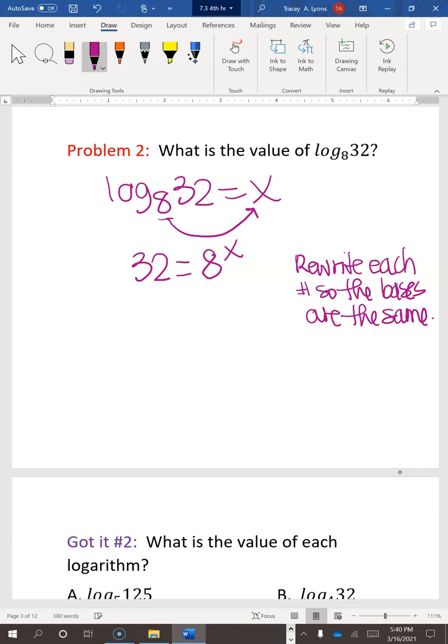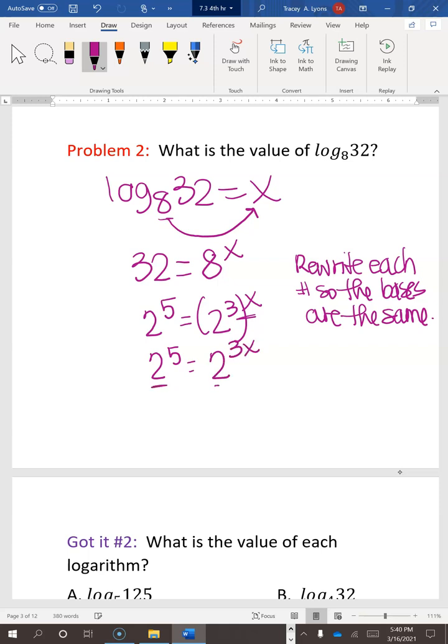So 32 I can write as 2 to the 5th power. 8 I can write as 2 to the 3rd power. And what happens is I can multiply these exponents together. So I have 2 to the 5th equals 2 to the 3x.